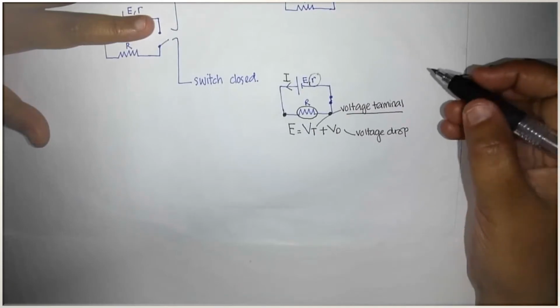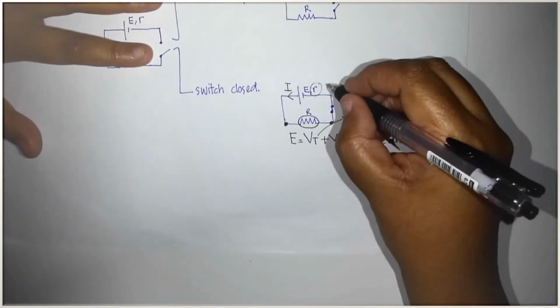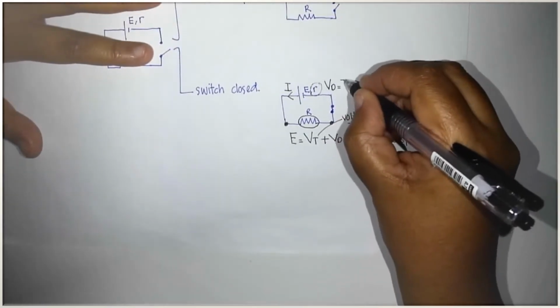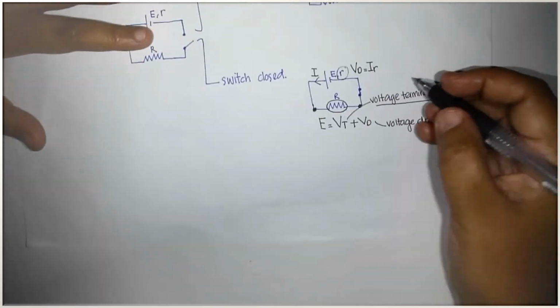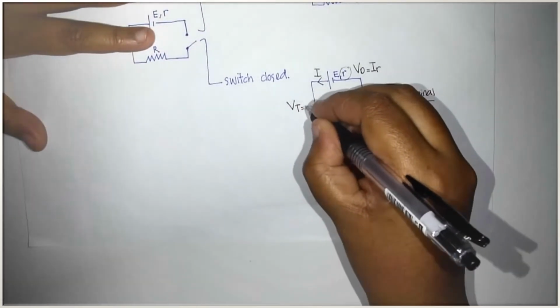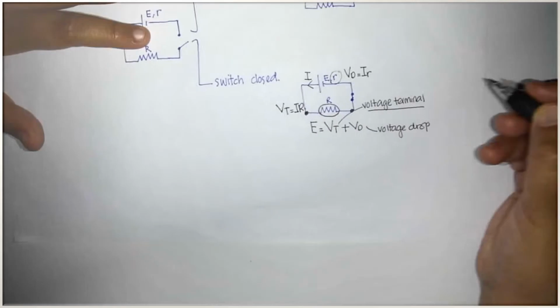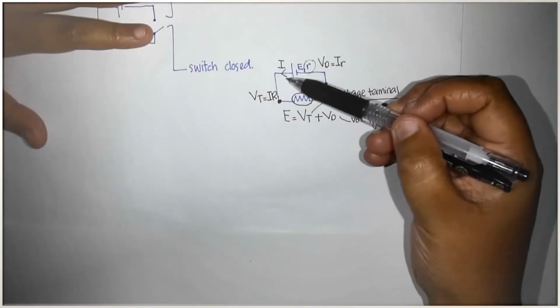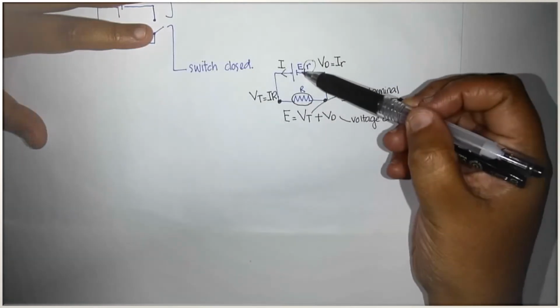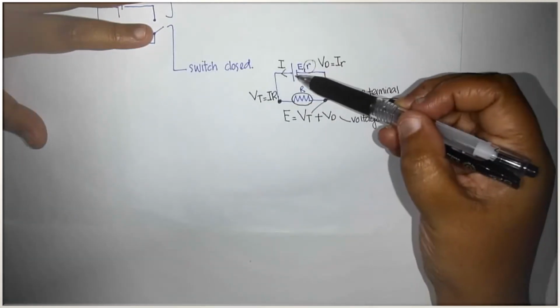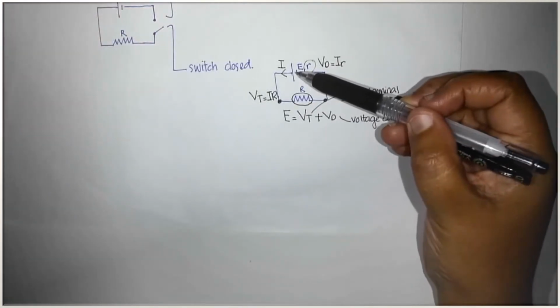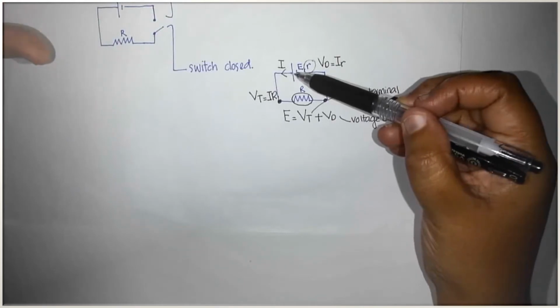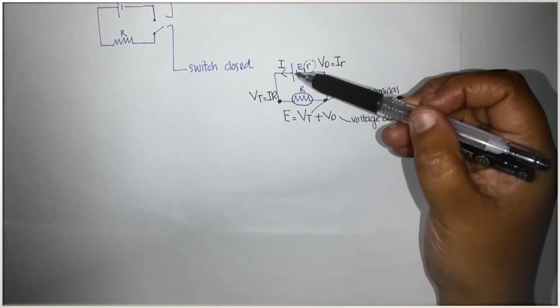So VD is equal to Ir, and we know VT is equal to capital I times big R. Again, terminal voltage is the voltage outside the cell, and voltage drop is the voltage that is lost inside the cell when the current starts to flow.